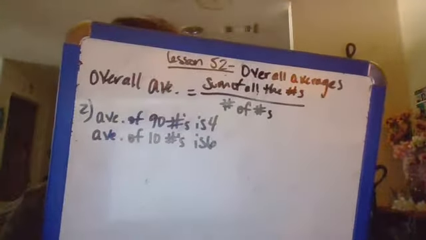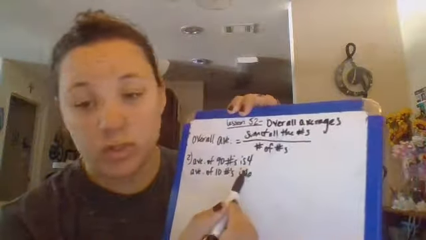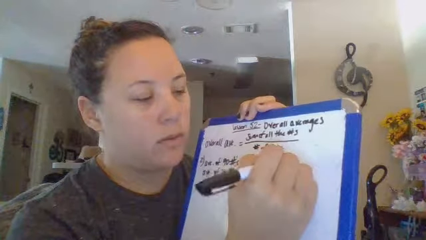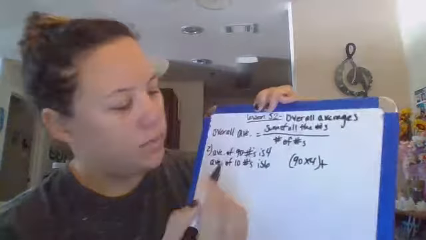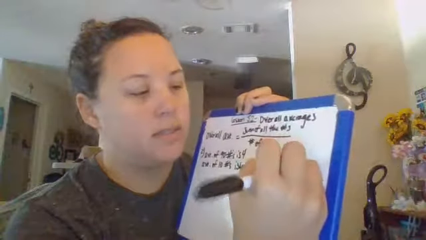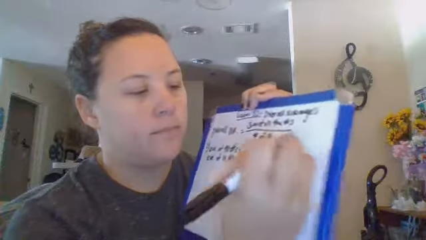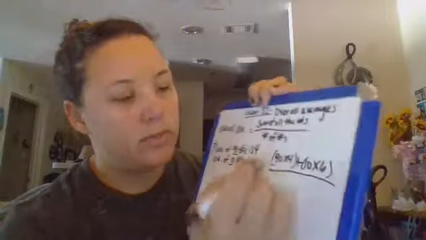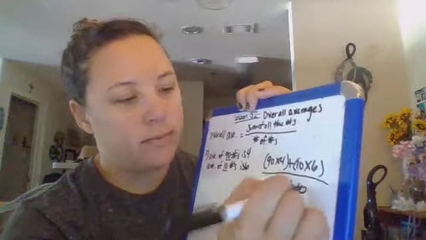So we need to find the sum of all the numbers. So we have 90 numbers and their average is 4, so we would do 90 times 4. Plus we have 10 numbers and their average is 6, so it would be 10 times 6. Over, we have 90 numbers here and 10 numbers here, so 90 plus 10.